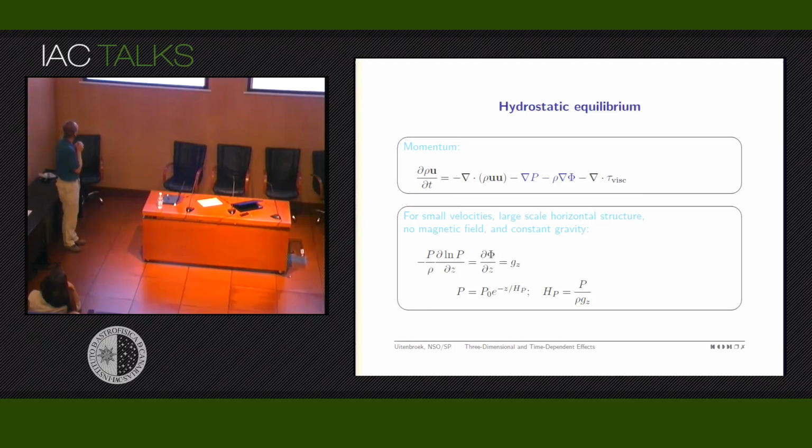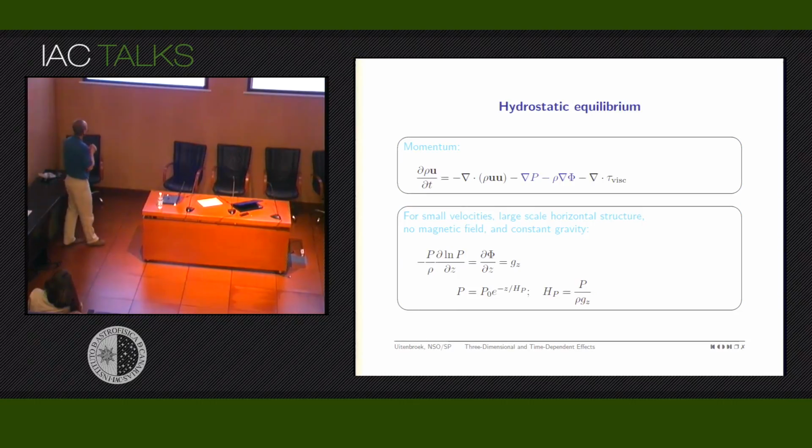So in the approximation of very small velocities and large horizontal scales, so that only the vertical gradients survive, we can simplify the momentum equation very severely. The first term drops out, the second term drops out, and we are only left with the gradient of pressure balanced by gravity, in this case only the vertical gradient of gravity.